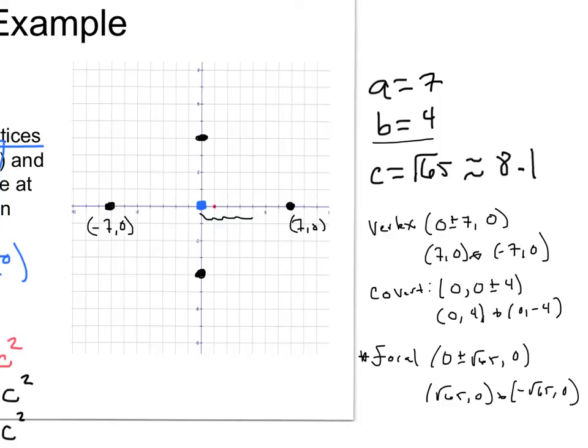One of the things that we did in the previous video is we had this dashed box that we put around. I create a box or a rectangle where the vertices and co-vertices are the intersection of the vertical and horizontal lines that pass through them.